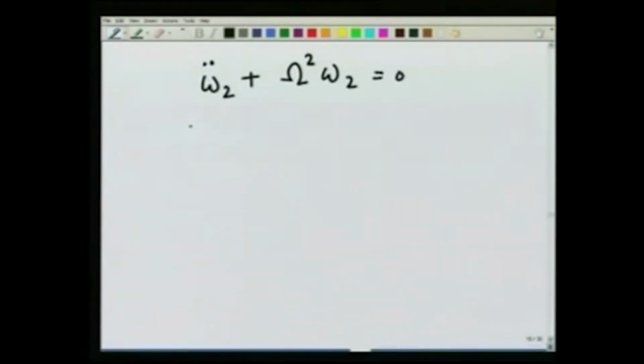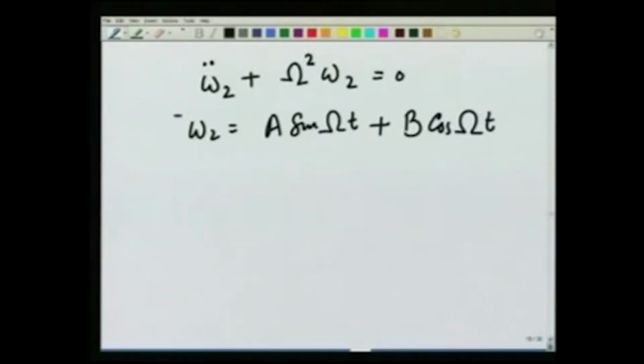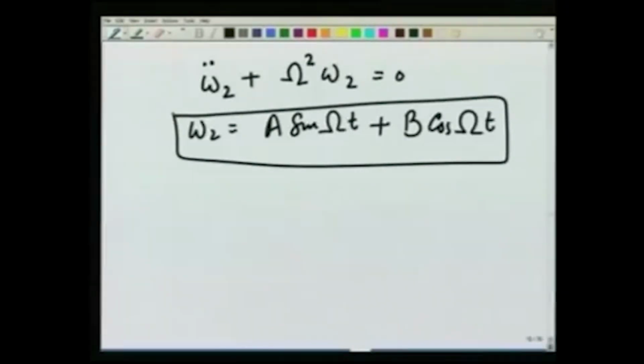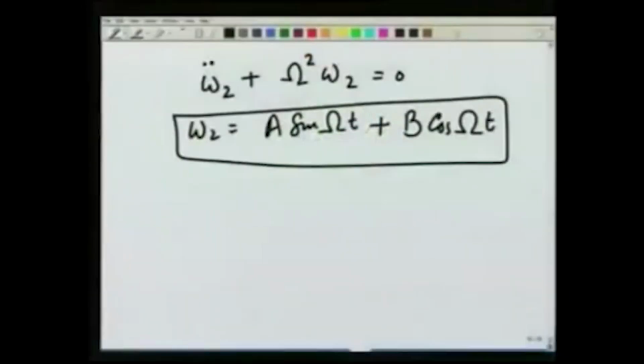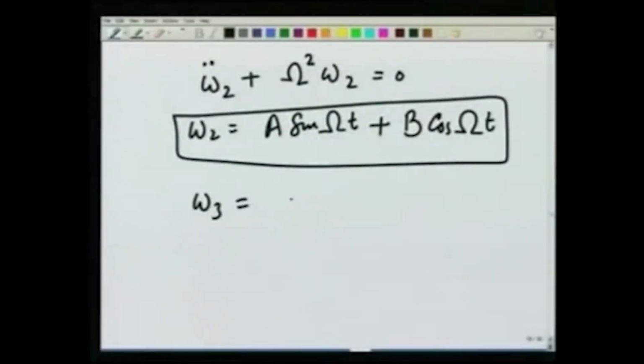And the solution for this I know is omega 2 equals some constant A sine omega t plus B cosine of omega t. So, as the body would fall, omega 1 would be constant, omega 2 would be just changing periodically. How about omega 3? I will leave it as an exercise for you to show that omega 3 would also change in a similar manner, sine omega t plus cosine omega t with some constants in the front.